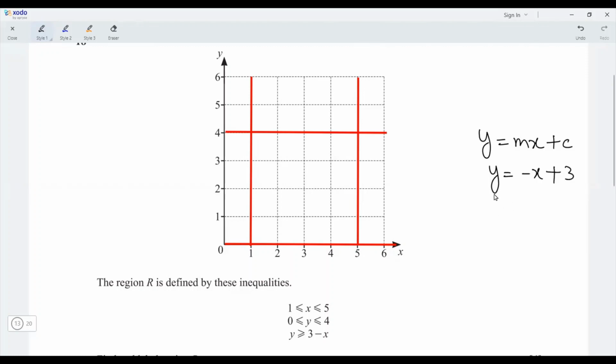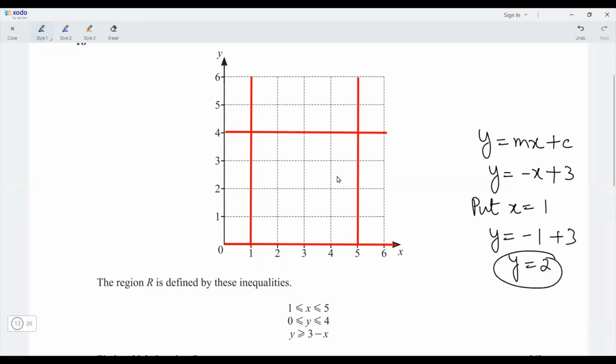If we want to plot any 2 points, it will be fine. If we take x equals 1 and x equals 2, put the values here and figure out the values of y, it will be fine. I'm putting x equals 1 here. What's the value of y? It will become -1 plus 3, which results in positive 2.